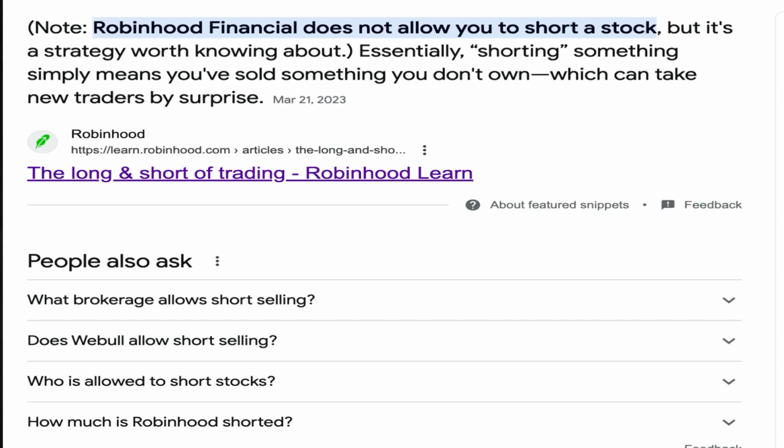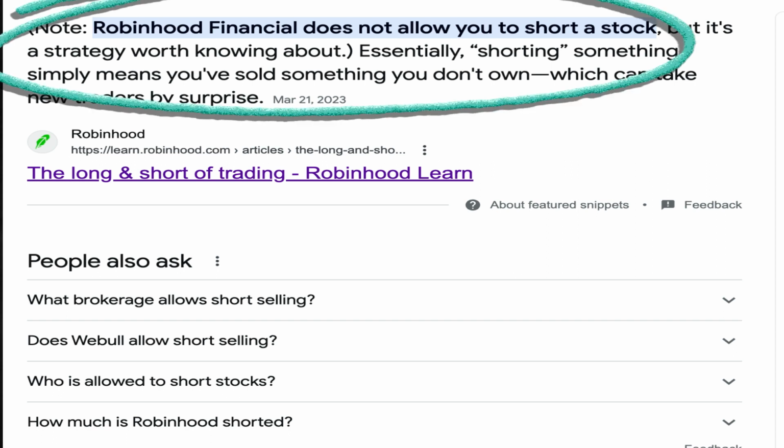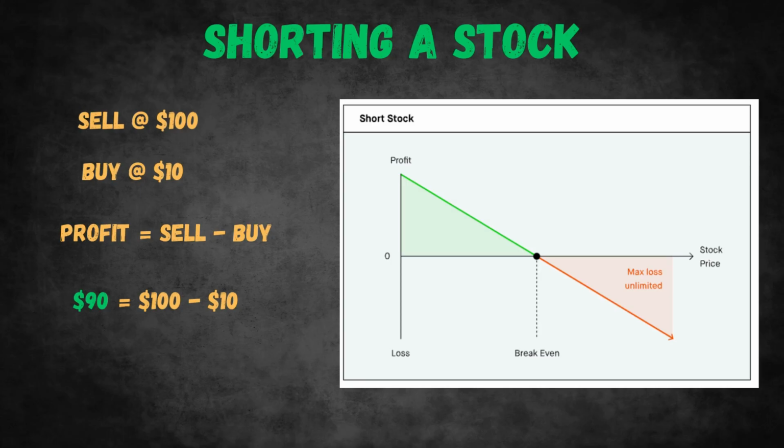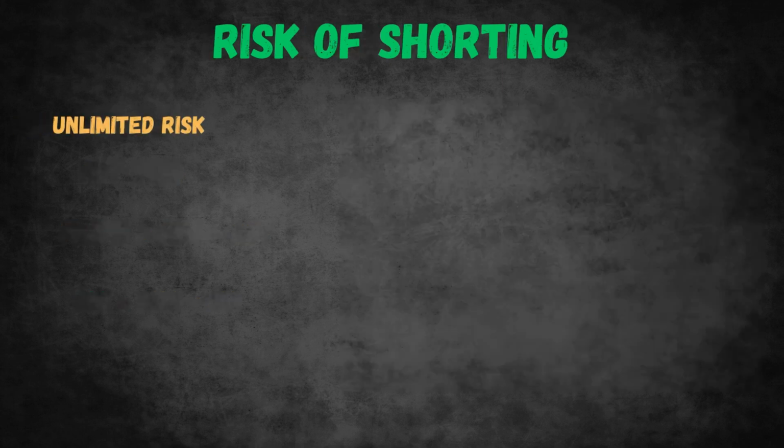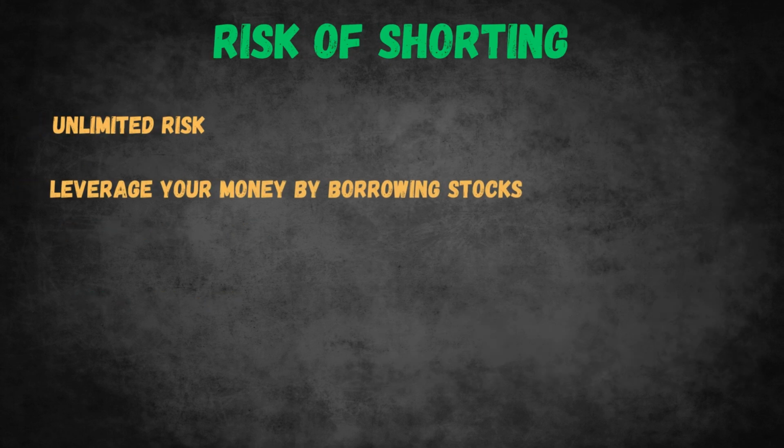And Robinhood as a platform does not allow shorting because shorting has unlimited risk. The way it works is kind of a leverage. You are selling something in anticipation. However, if you are wrong, you are liable for an unlimited loss. It's not like it's going to stop at zero.